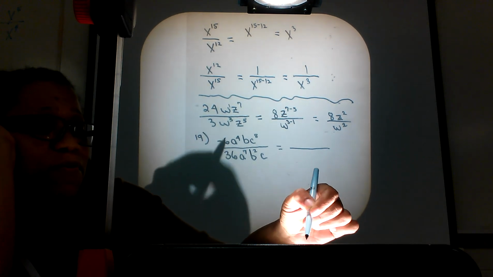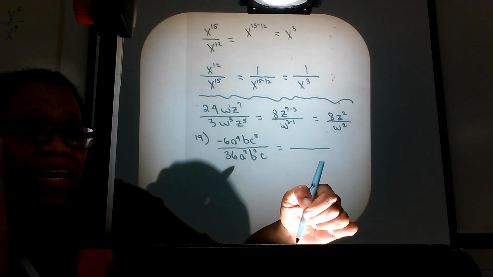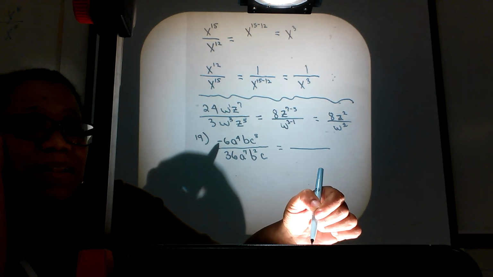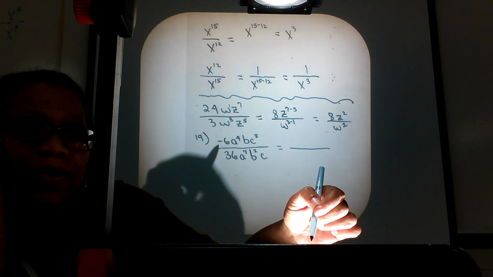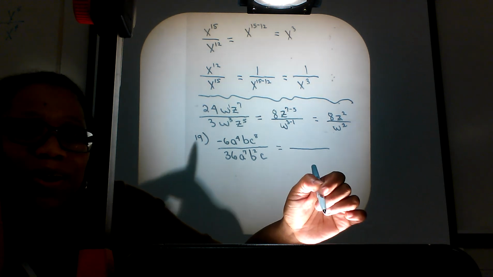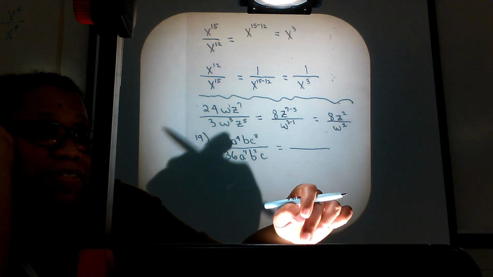You know your answer is going to have to be negative, right? We have one negative sign in the picture, and it's at the top. If we had 2 negatives, our answer would be positive, right? We have one negative sign, so we can take care of that when we take care of these numbers.